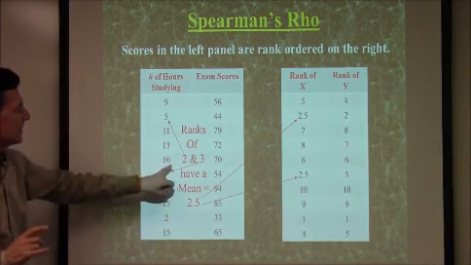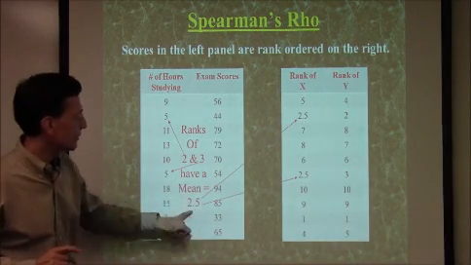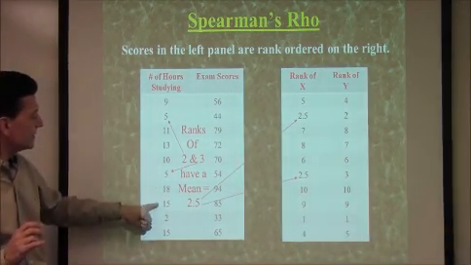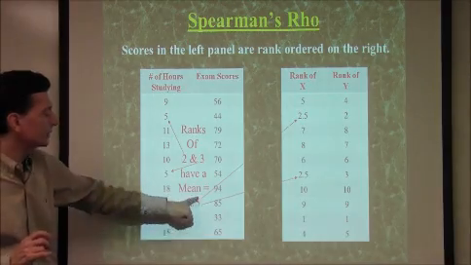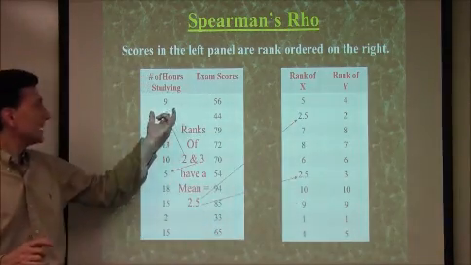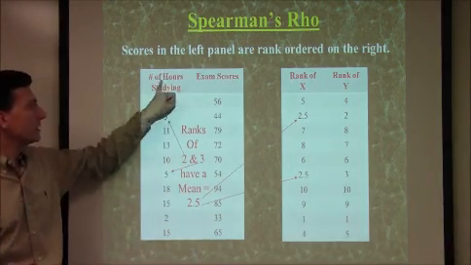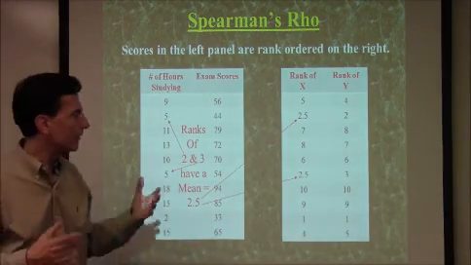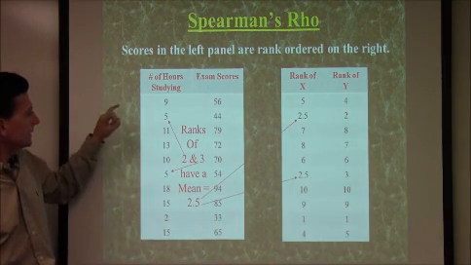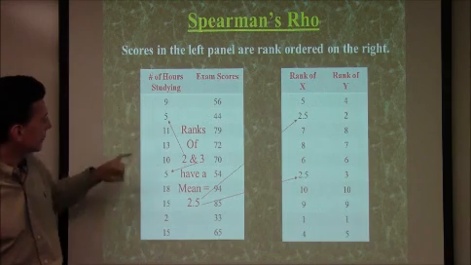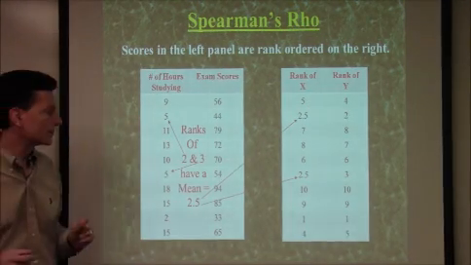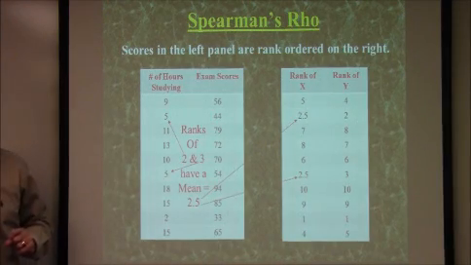The second and third numbers are equal to each other, so what we might do is take the mean of those 2 ranks, not the mean of these 2 values, but rather the mean of the 2 ranks, which would be 2.5, and we assign a rank of 2.5 to each of the scores that were 5 on this list of number of hours studying. Okay? And we can go on down the line and look for the next lowest value. It might be that 9 is the next lowest value. We could peruse this and try to figure out what the next lowest score might be. Okay.